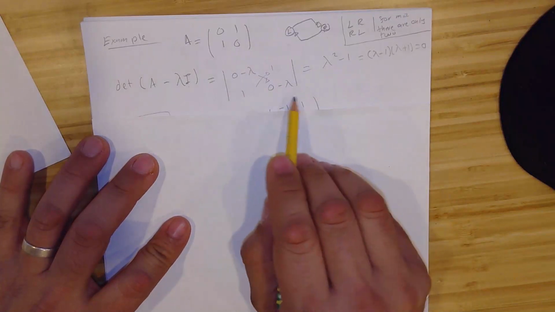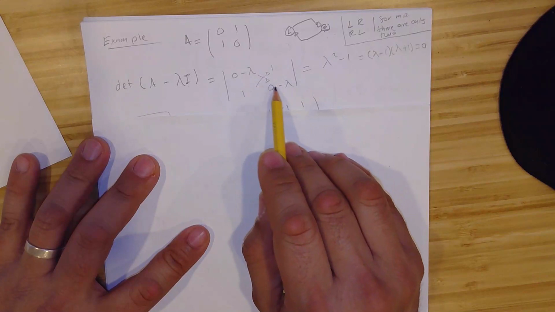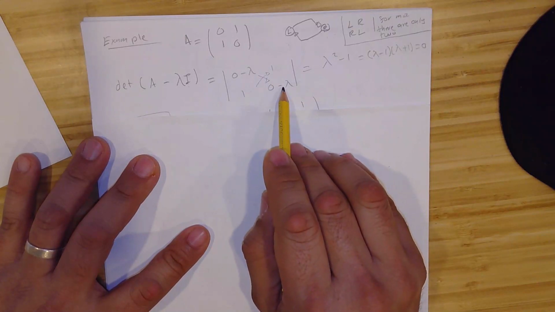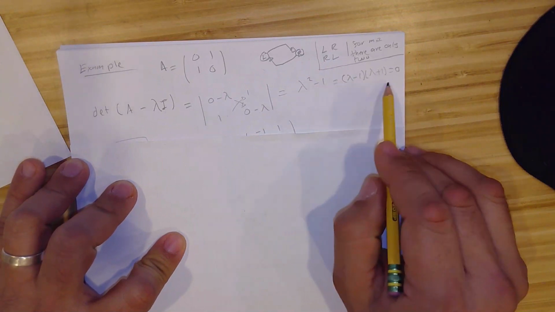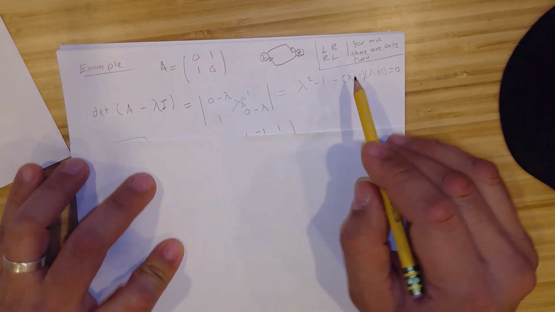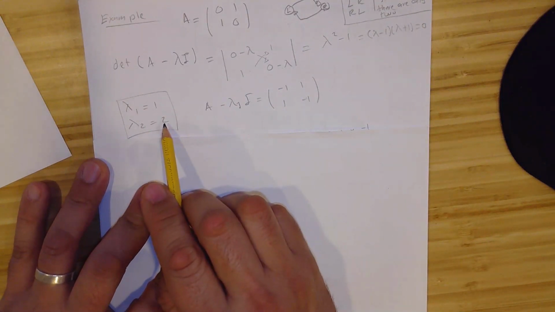So we have basically this, and we have to multiply one of these by the other one and subtract that from the eigenvalues, and basically we will have two eigenvalues from here. One is 1 and the other is minus 1.